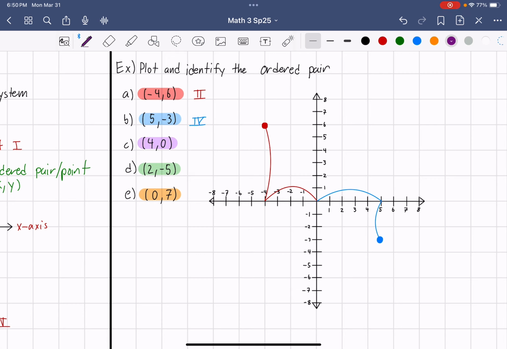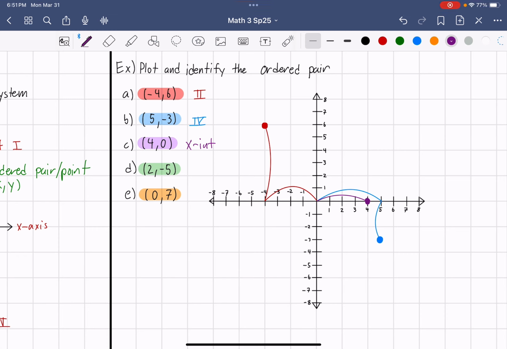Now let's move on to the next, where it's 4 to the right, because it's +4. But you do not go up or down at all, because that is exactly on the x-axis. So this is going to be, we said, an x-intercept, int for short. It's not in either quadrant.